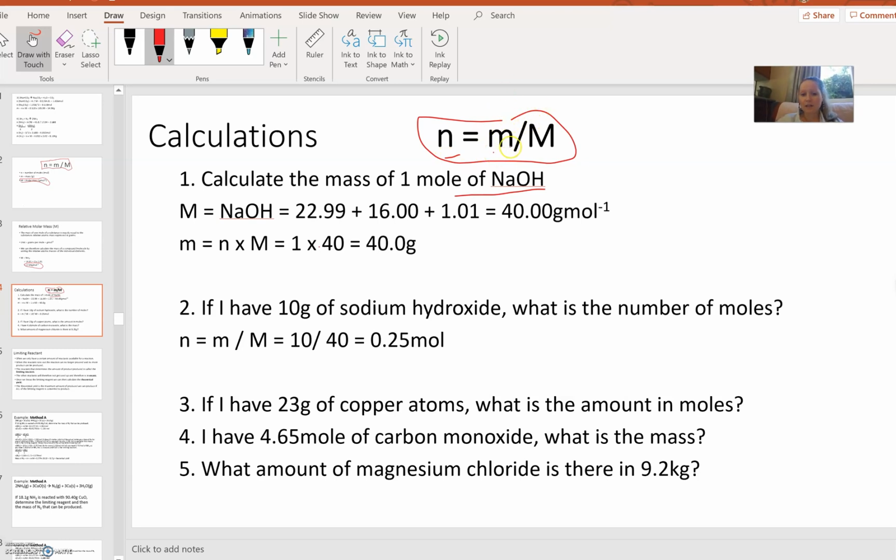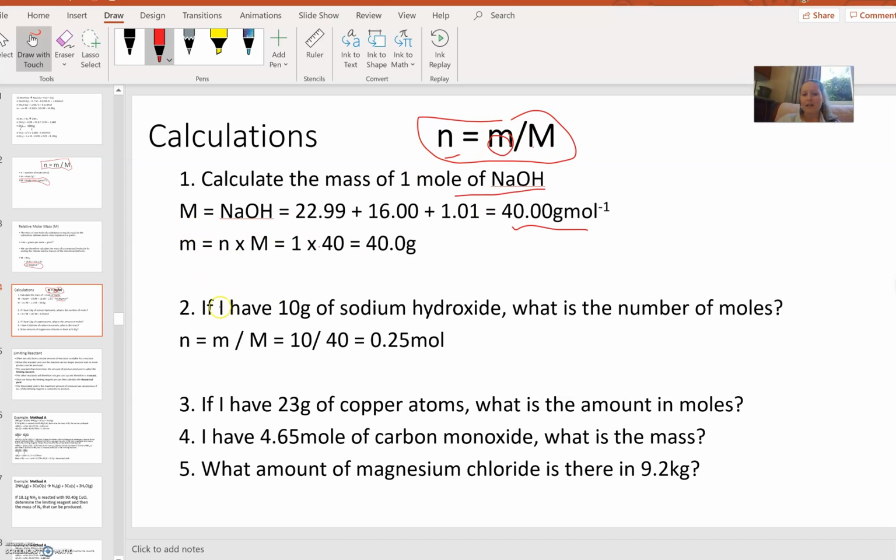So that one there's the X, and then this one here is the molar mass that we can always find, because on your periodic table is the relative molar mass of every single element. So if we look up sodium, it's 22.99, oxygen 16, and hydrogen 1.01. So if you add that up, that's 40 grams per mole. So that's the molar mass. So if we then calculate the mass, this being 1, this being 40, then it's 40 grams.